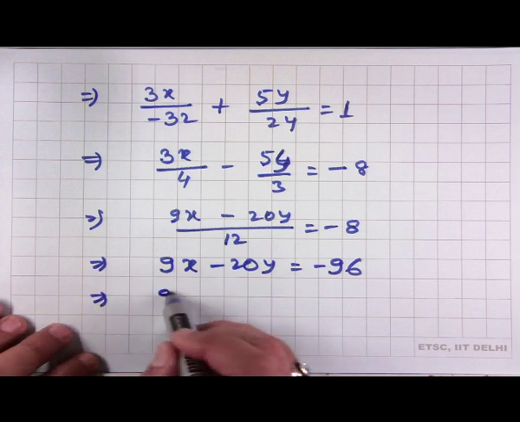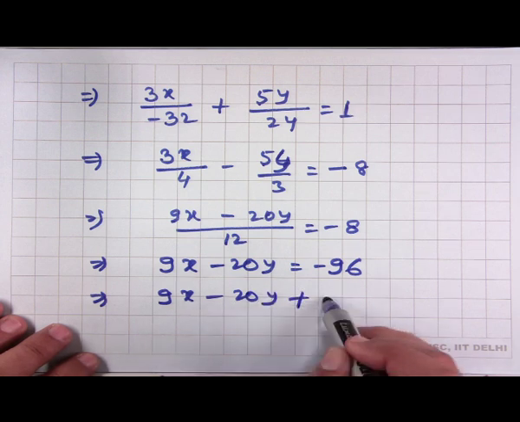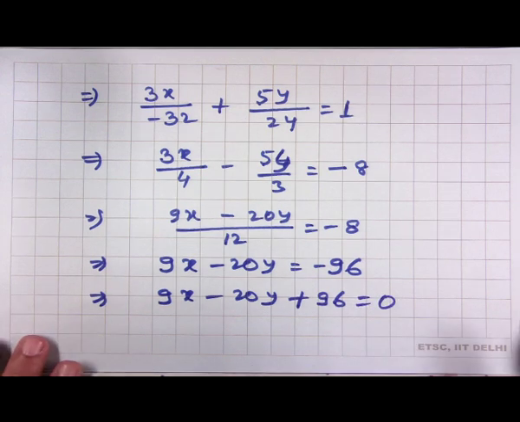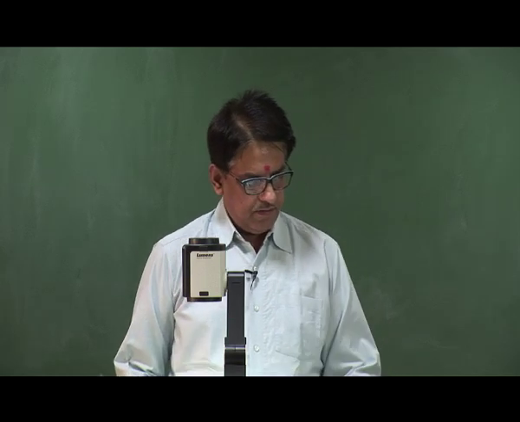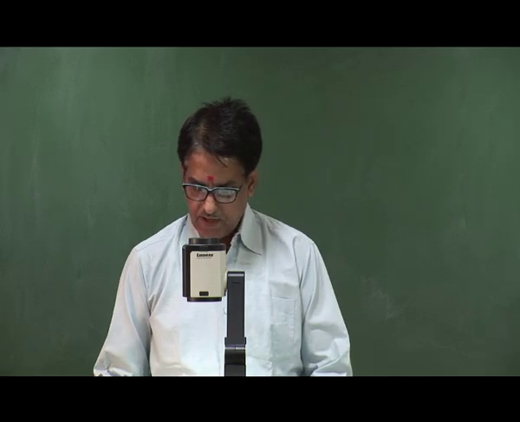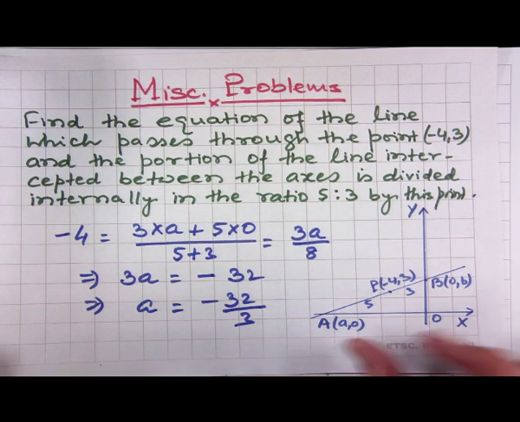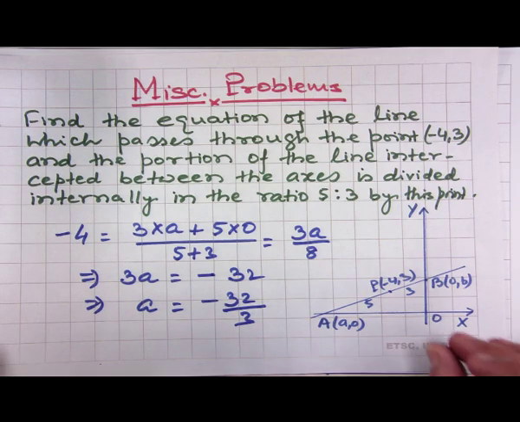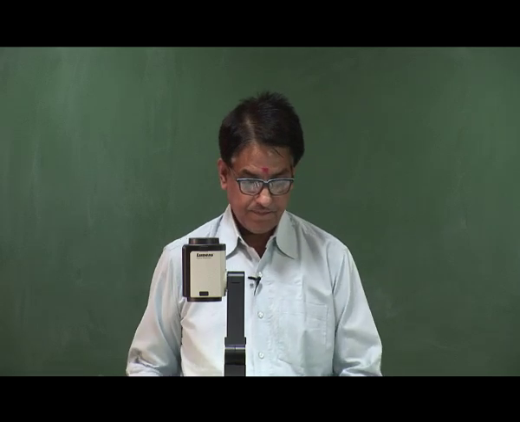This implies 9x minus 20y plus 96 equal to 0 is the required equation of the line. So in this way we can find any line which makes an x-intercept and y-intercept, and if some point on this line is given, then we can use the section formula and find the equation of the line.